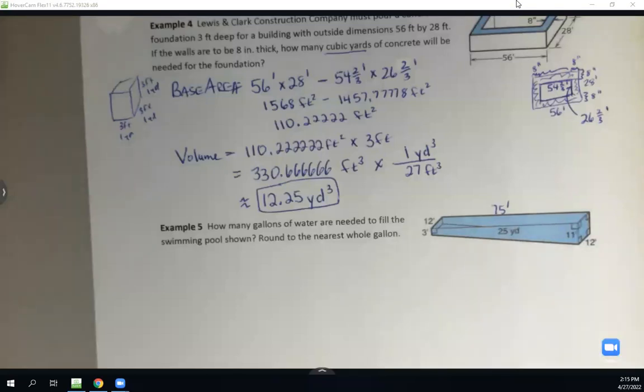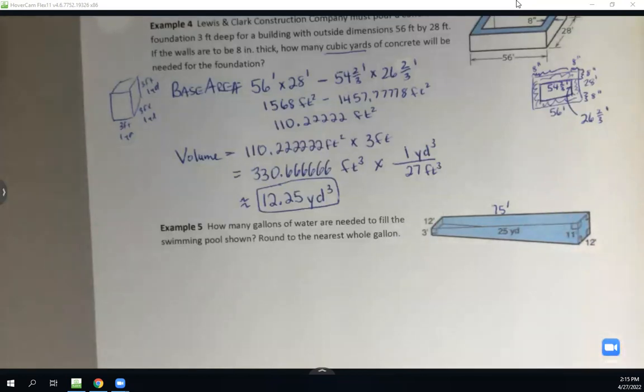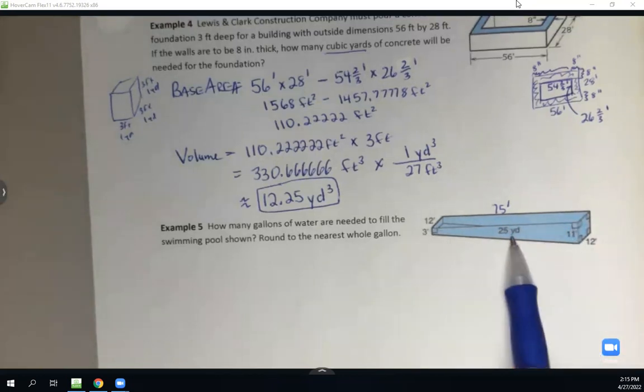Now I want to find the volume of the pool. To find the volume, I need to find the area of the base and then take the base times the altitude. In this particular case, we have a prism, but this is a trapezoidal prism. It's kind of sideways, because it's a pool, but we have a trapezoid.